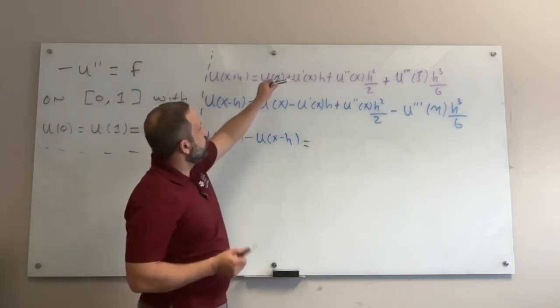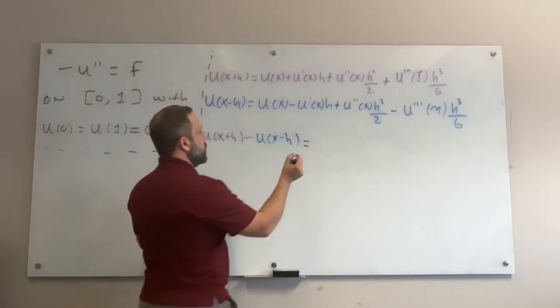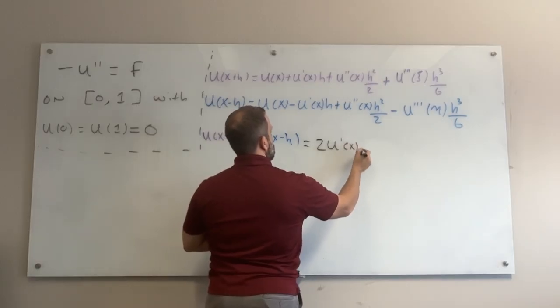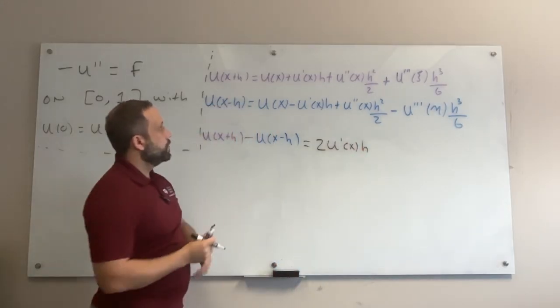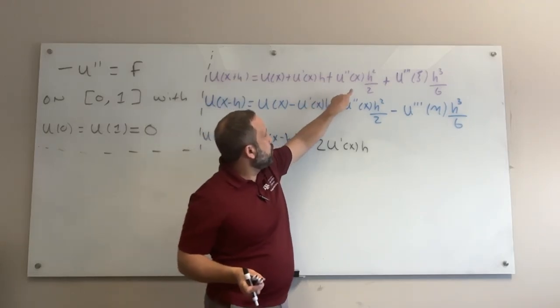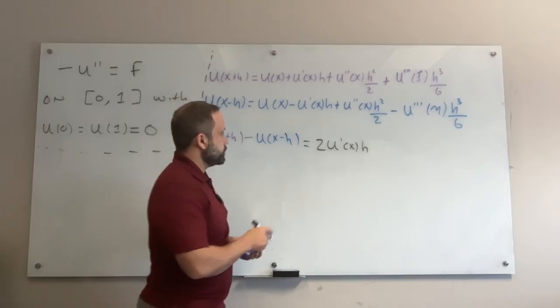Then we have u prime of x plus u prime of x, so this is going to be 2 u prime of x times h. Then the u double prime h squared terms are going to cancel.